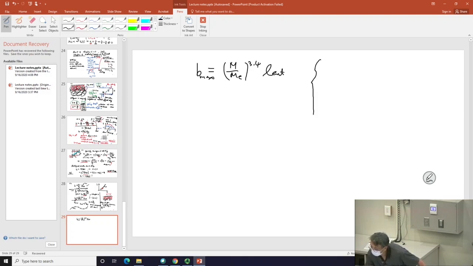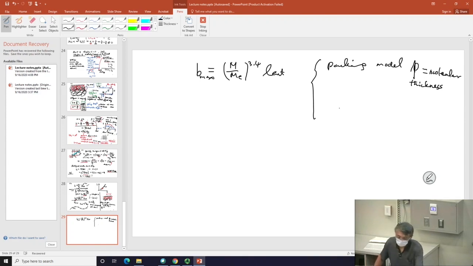Now, the little bit of explicit polymer physics. We went through this packing model, where we introduced a concept of P, which I call molecular thickness. It's a sense of how thin or how thick your polymer is.